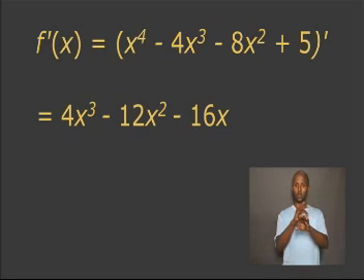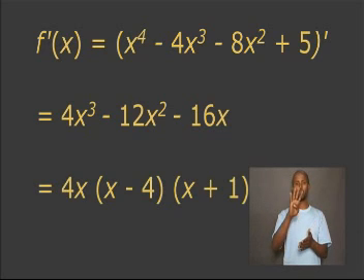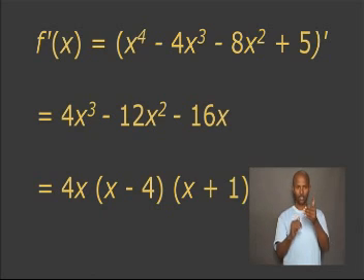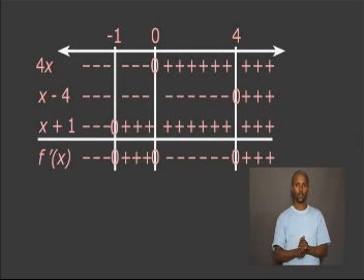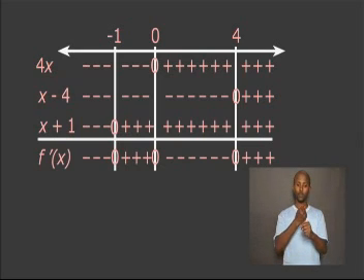Factorizing the derivative, we can write it as 4x times (x minus 4) times (x plus 1). Now we are ready to make our sign chart. Yours should look like this.